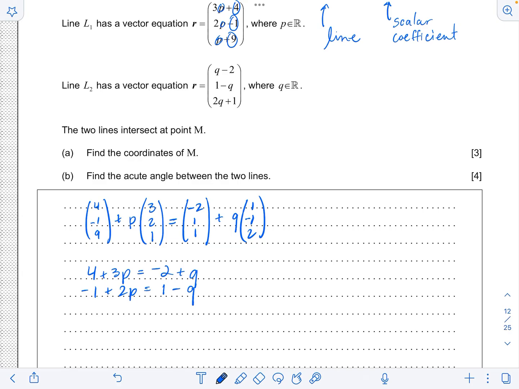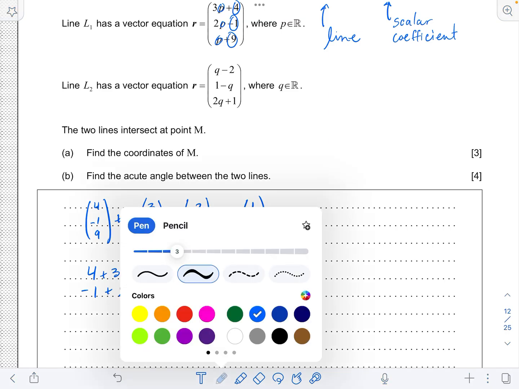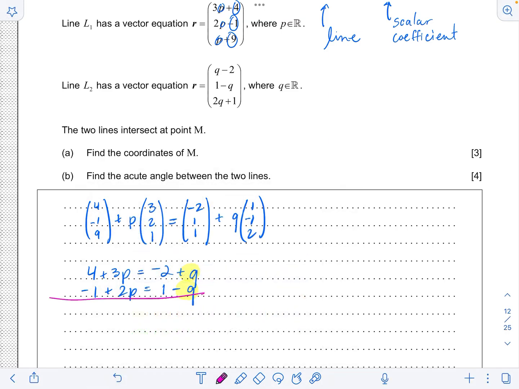Here we have two equations with two unknowns. We could go ahead and do the third row as well, but we don't need to because we have two equations and two unknowns, so we should be able to solve. And in fact, notice I have positive q and negative q right on top of each other, so I could just add these two equations together just as they are. So I'm going to go ahead and do that.